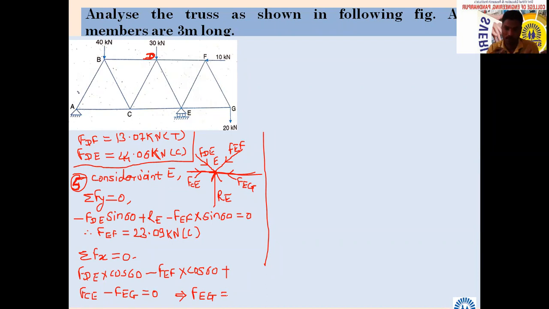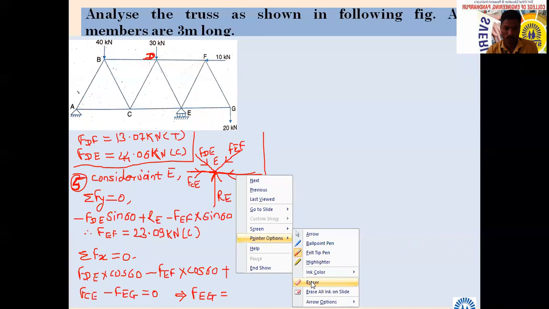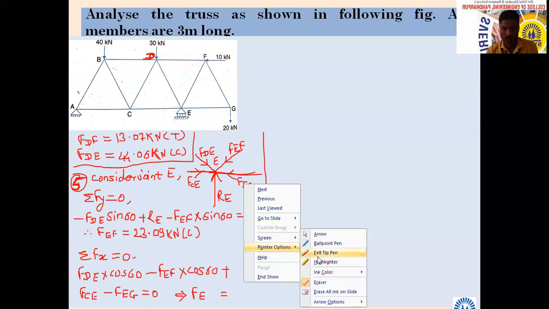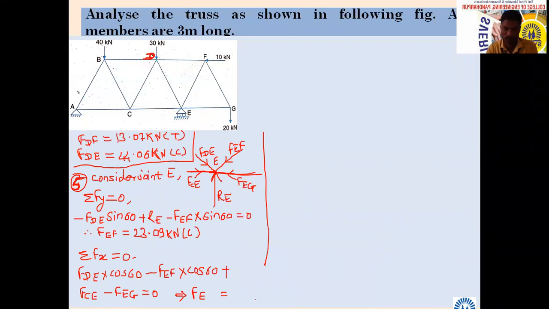You can take FEG to the other side, it will become plus. Calculate the remaining value on the left hand side as it is, and see whether it is plus or minus.